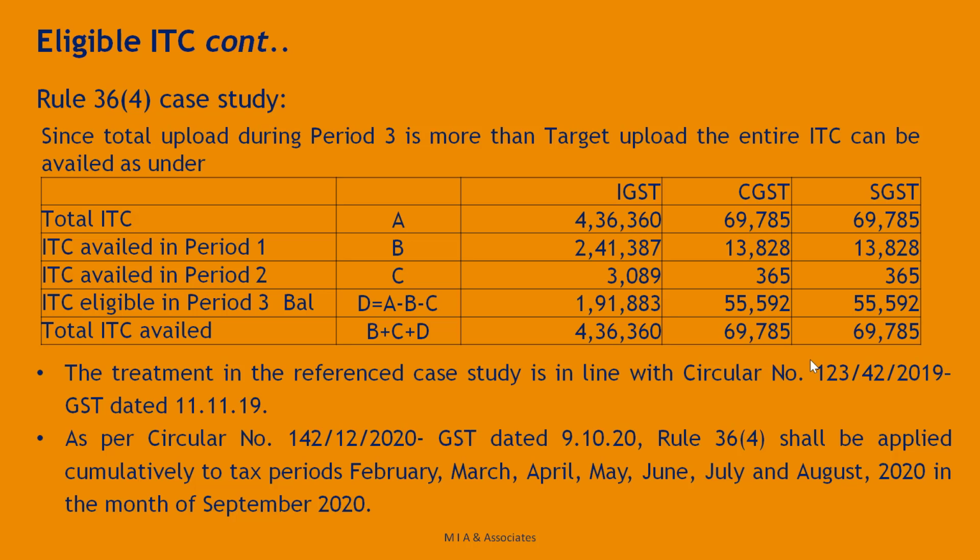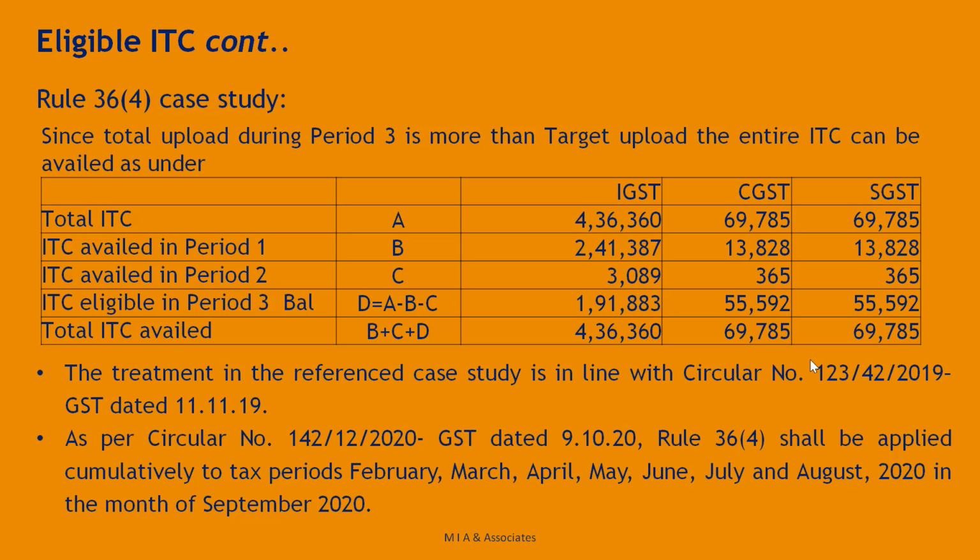The computation methodology will remain the same except for the fact that the tracing of suppliers, the tracing of invoices in 2A, 2B can be performed for the entire cumulative period rather than each individual month, and eligible ITC can be computed for all these months together on a combined basis rather than on an individual basis.